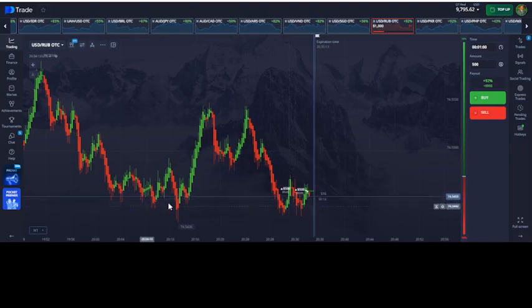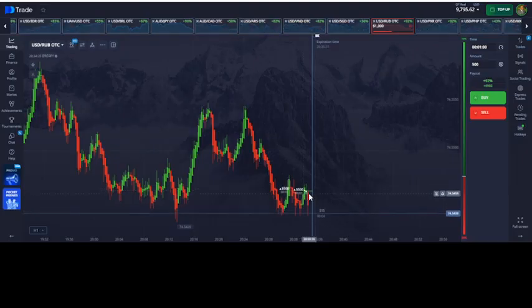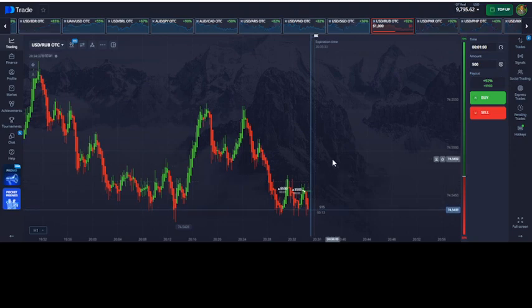Not exactly the price that I wanted to take it at, but I waited for the Heikin Ashi candles, two strong Heikin Ashi candles to print. So let's monitor this trade and wait for the expiration at the end of the 60 seconds.